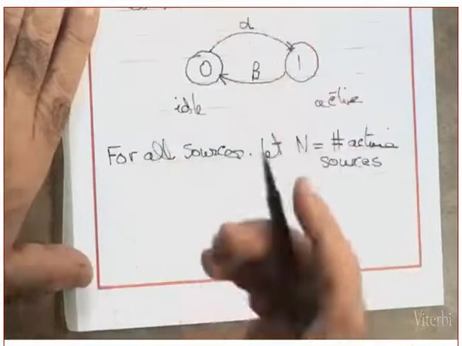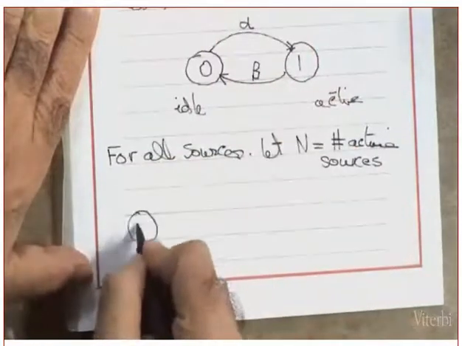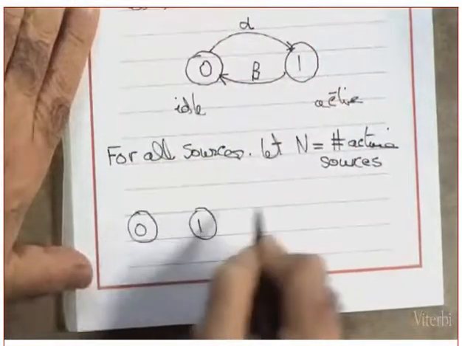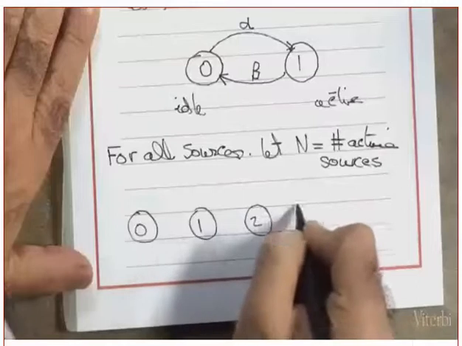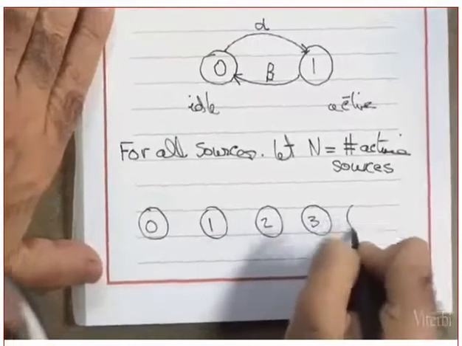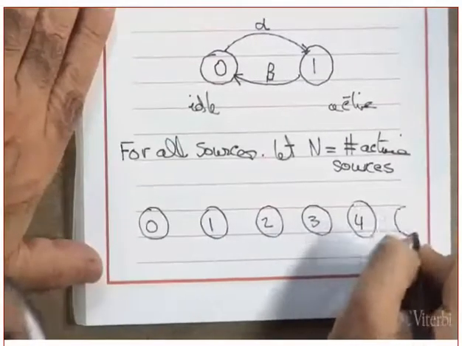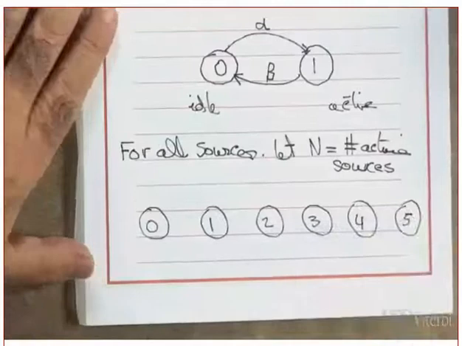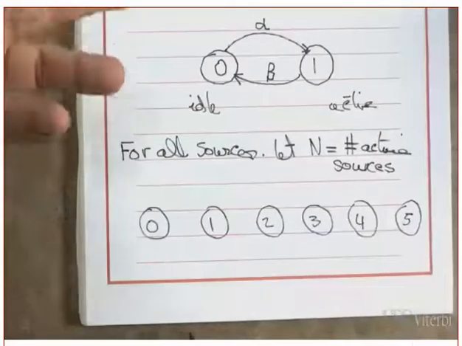So we have 6 states. What are they? 0, 1, 2, 3, 4, and 5. Clear so far? Okay.